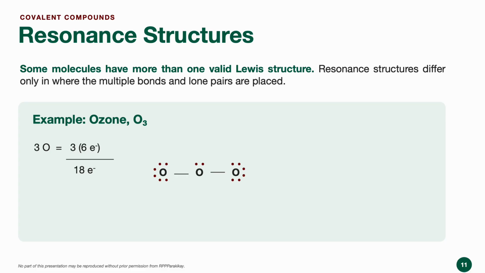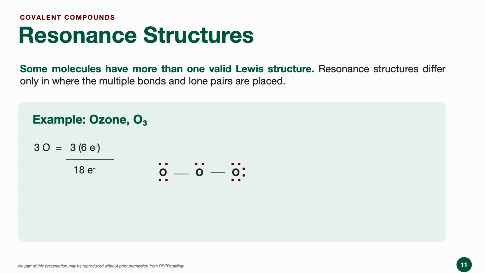So, in the rules, to fix this, we can convert one lone pair from the adjacent terminal oxygen into a second bond, or a double bond, turning that single bond into a double bond, and it will not change the total electron count.